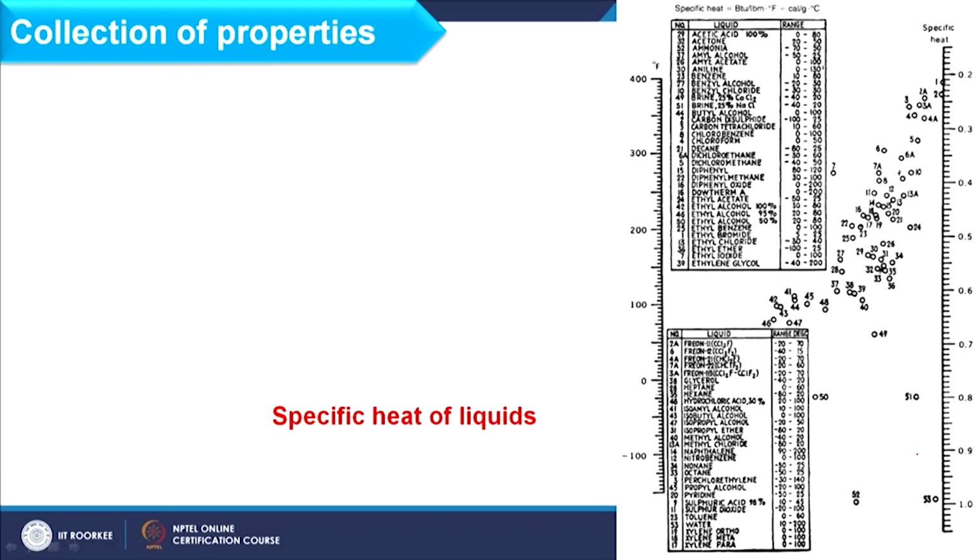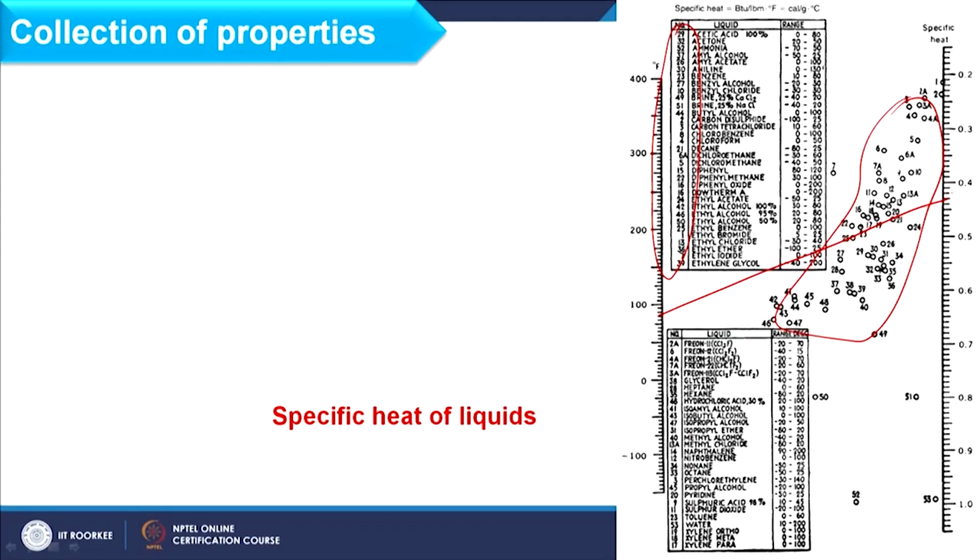values using the same method which I just explained, and here we have the specific heat of the liquids, where for each liquid a number is given and these numbers are available in this bunch. You can locate that, find the average temperature, and then simply draw a line crossing that block.